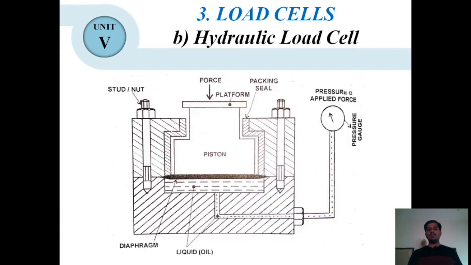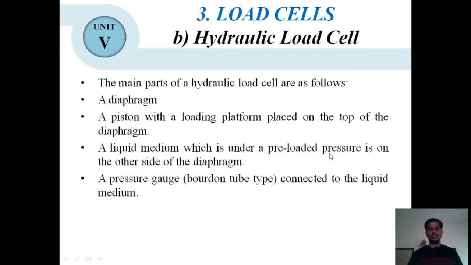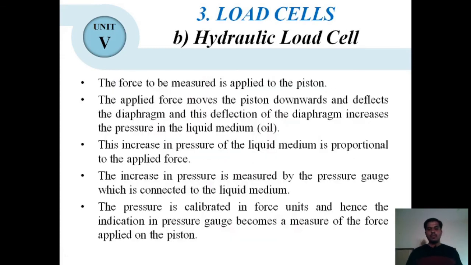Since we are exerting pressure on the liquid medium, automatically there will be deflections observed on the pressure gauge. The increase in pressure of the liquid medium is proportional to the applied force.